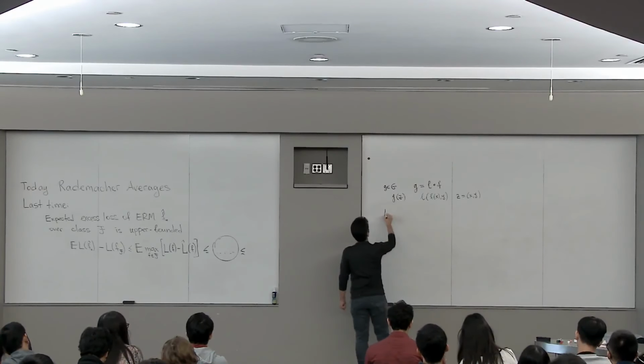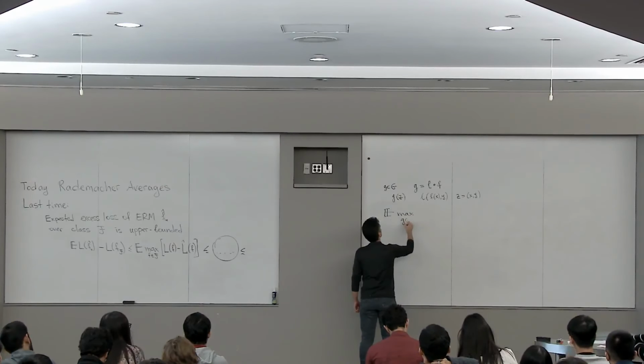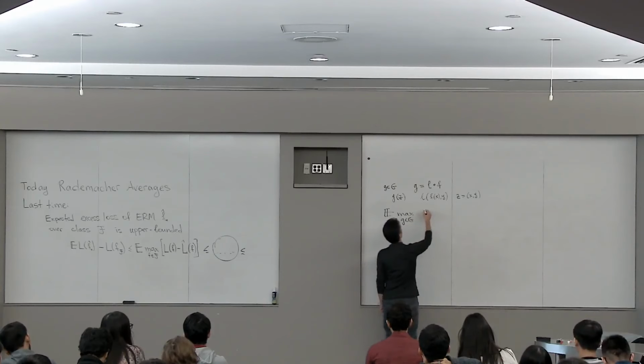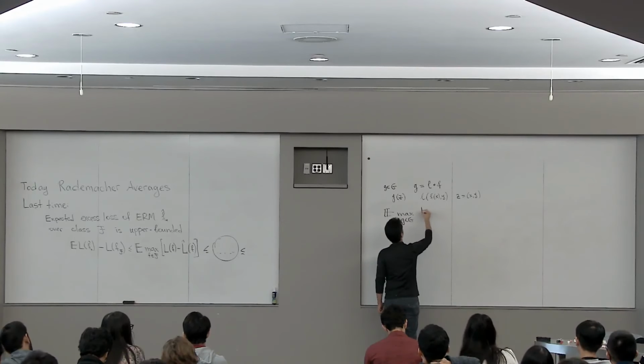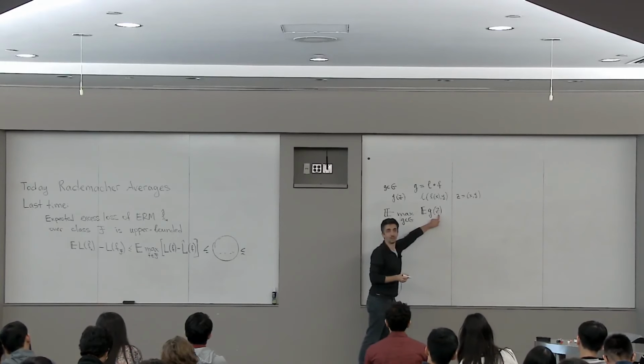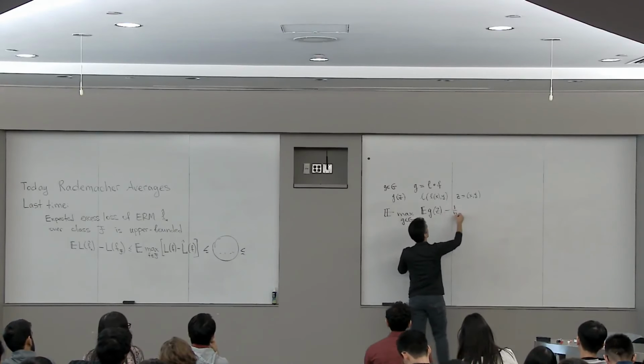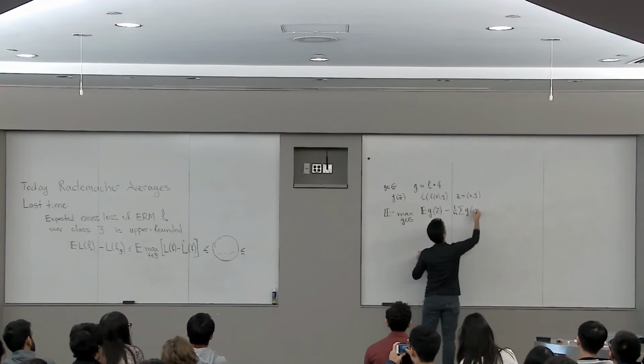And what I'm looking at is the expected max over g in G of the expected g of z, where z is now a random variable instead of x comma y, minus 1 over n sum of g of zi.